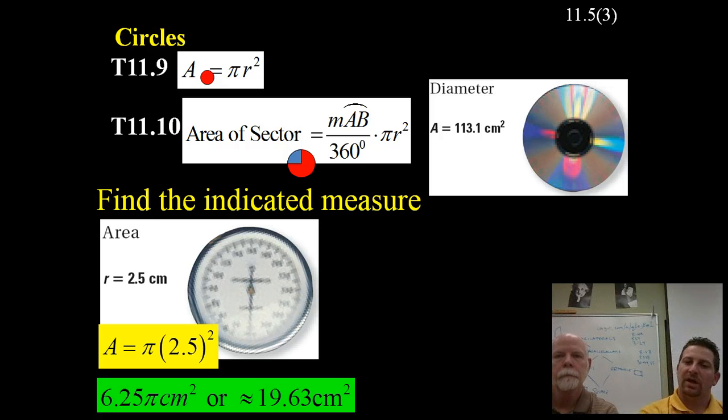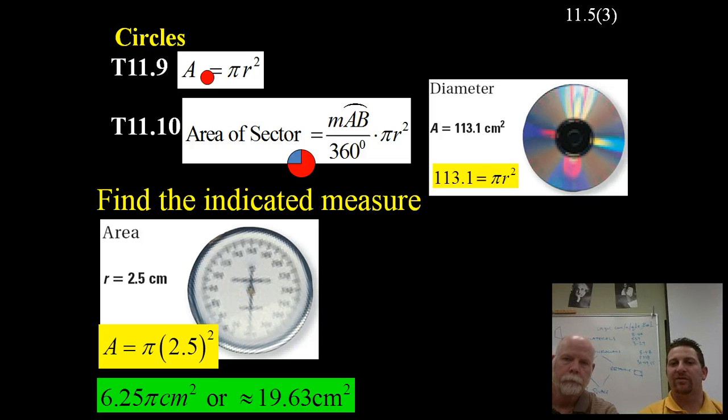Okay. And then for this one, they give us the diameter. Now, for here, you've got to be real careful. They want to know the diameter for this if the area of the circle is 113.1 centimeters squared. So you're going to have to work backwards here. You just set this up as 113.1 equals pi r squared, okay?